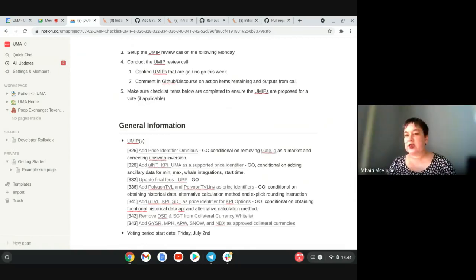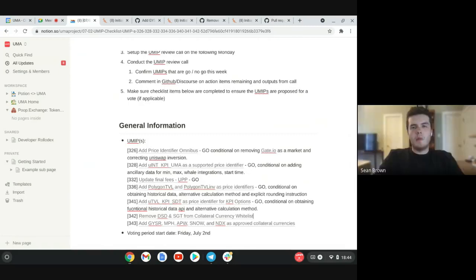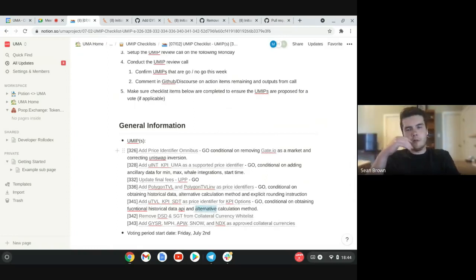So go conditional on obtaining a functional historical data API and alternative calculation method. Are people happy with that? Maybe just a small thing, but not really an alternative calculation method, but just the explicit underlying calculation methodology.